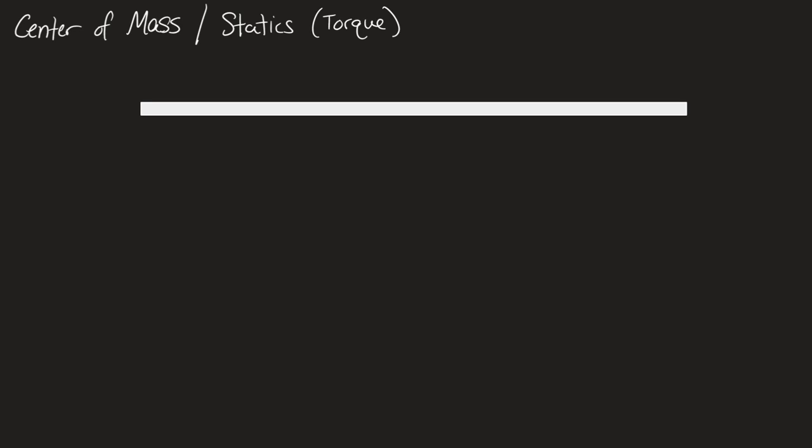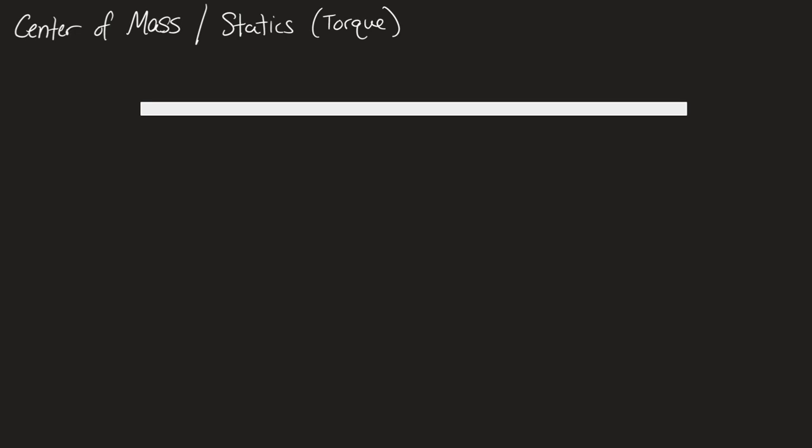The first thing you should write in your notes is that center of mass is a location. It's a place. So when we say center of mass, we are talking about something measured in centimeters or meters or feet. In one dimension, it would be a single distance. In two dimensions, it would be two distances, and so on.